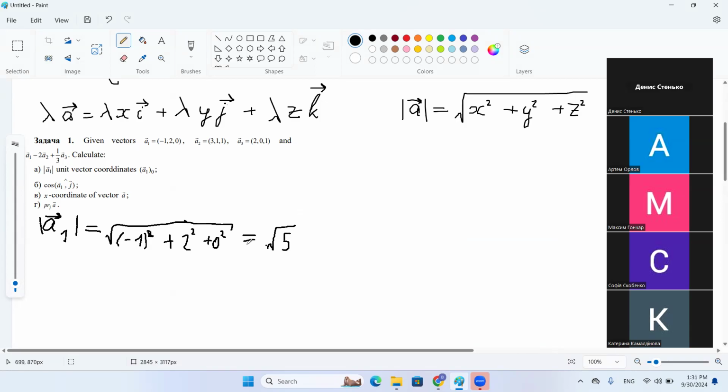Okay, and how to calculate a unit vector, by the way? What do you remember about that?